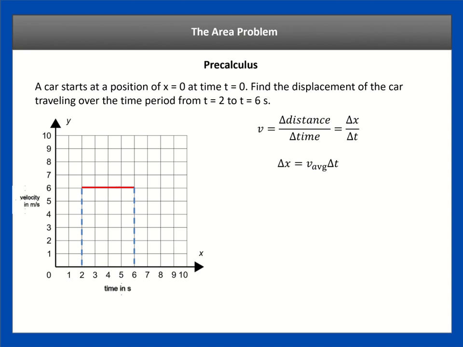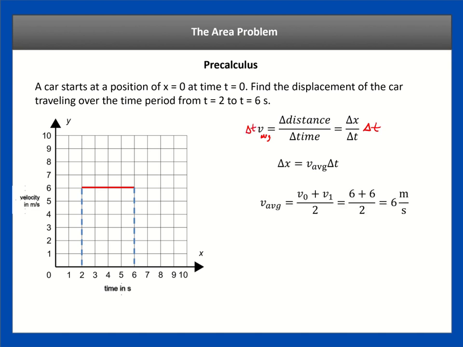And notice that I changed this to average velocity, because that's what it is. Essentially, it's an average velocity if you're taking it between 2 points. So in this case, change in x is average velocity times change in time, and again, we multiplied by delta t on both sides in order to get that.